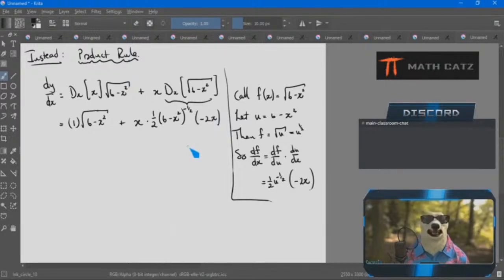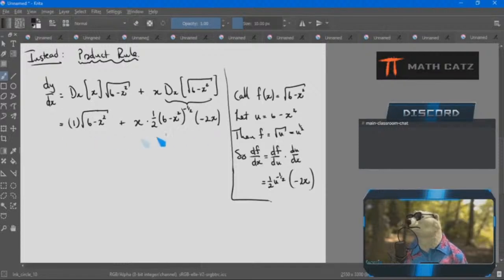Now let's take a moment to look at how long this answer is, how many things are happening here, and how far we've come in a short amount of time. I think it's impressive. I think we should celebrate that and be happy with how far you've come. A month ago, we weren't even close to doing something like this. I think we should be proud.